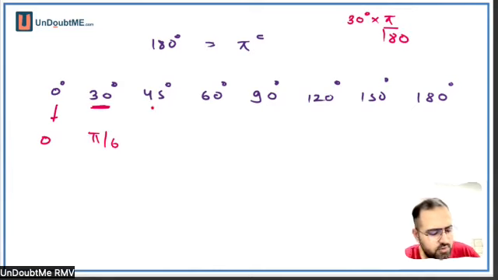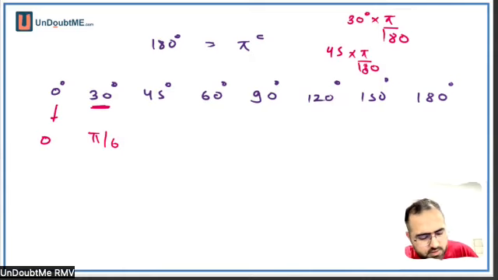Then if I need to convert 45 degrees into radian, I'm waiting. Can anyone tell me what it will be? It's 45 times pi by 180.